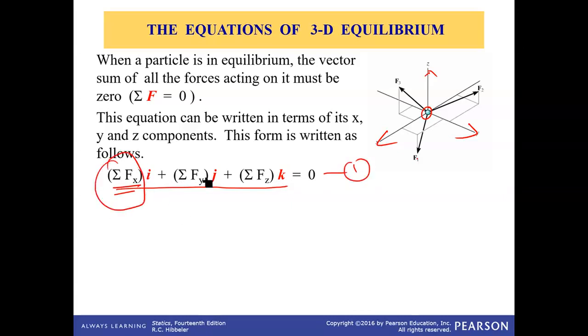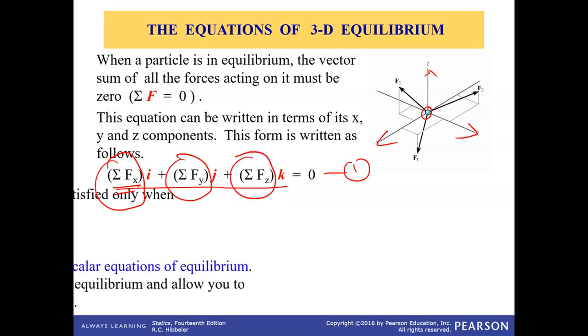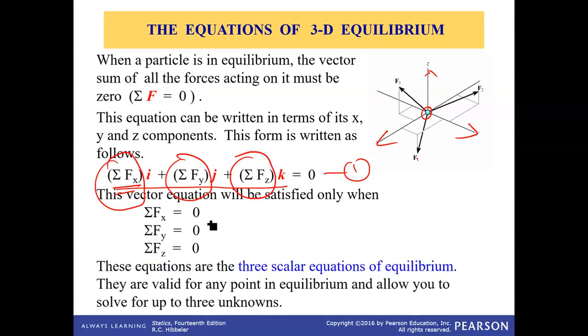Sum of forces in x equal to 0, sum of forces in y equal to 0, and sum of forces in z equal to 0. Okay, so these are our 3 equations of equilibrium, 1, 2, and 3. And using these 3 scalar equations, we can solve for up to 3 unknowns for a given free body diagram.